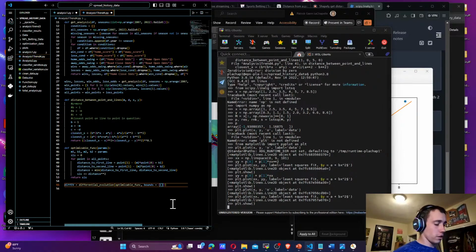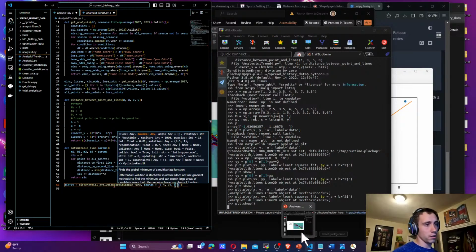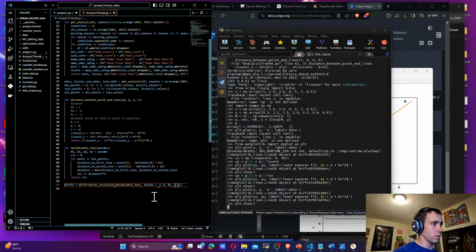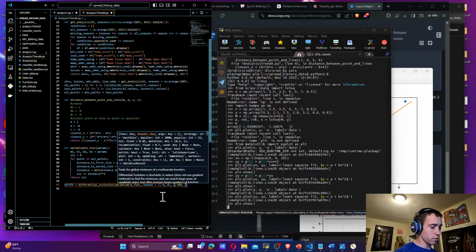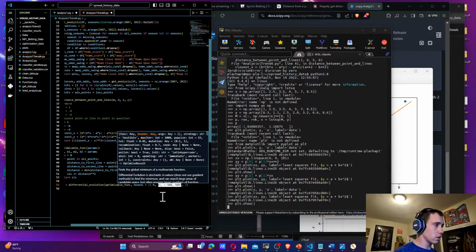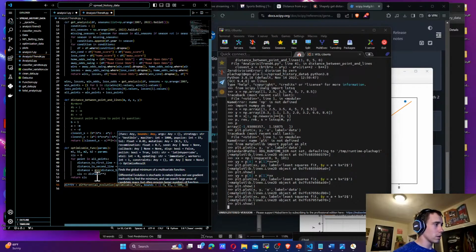So M1 can vary from -4 to 0, min to max. B1 could vary from, what should that be? That should intercept about 0. Maybe minus 500 to plus 500. Okay.